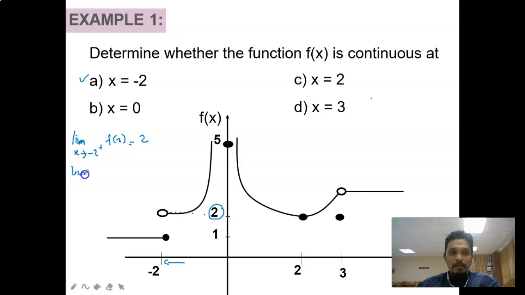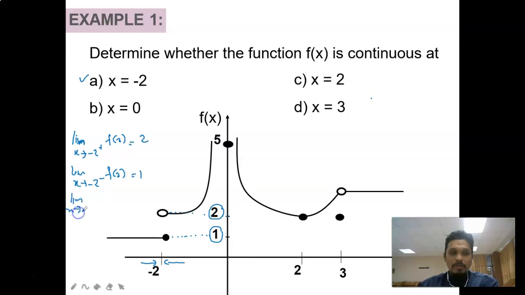The limit as x approaches -2 from the left of the function f(x), when x approaches -2 from the left, the value of y is given here as equal to 1. So look at this one here now.